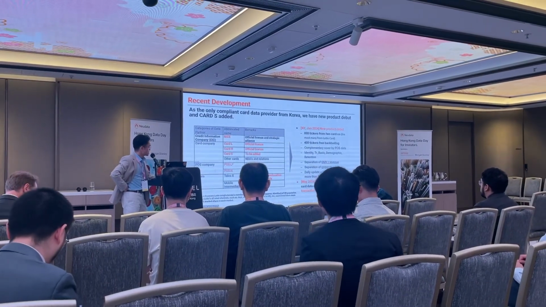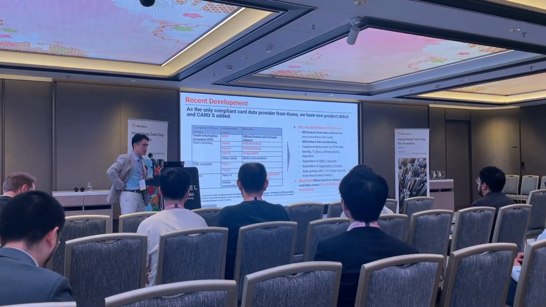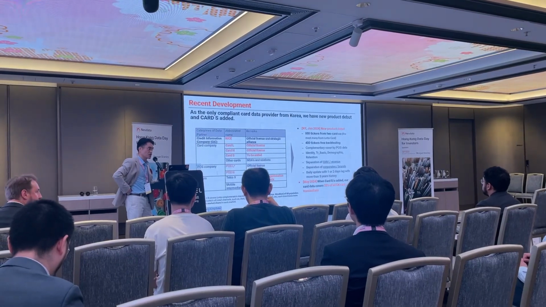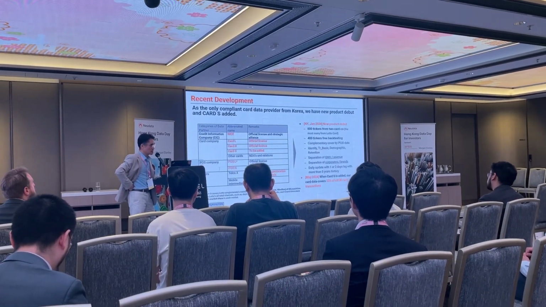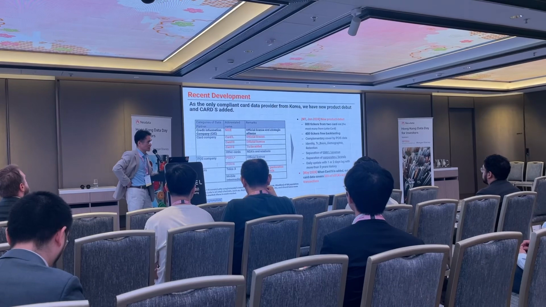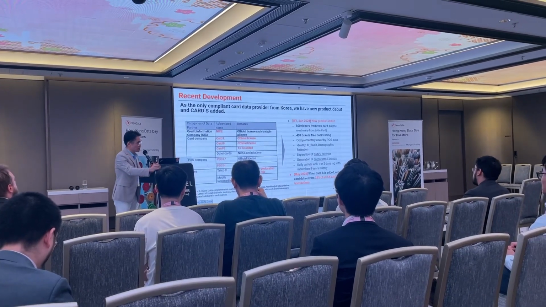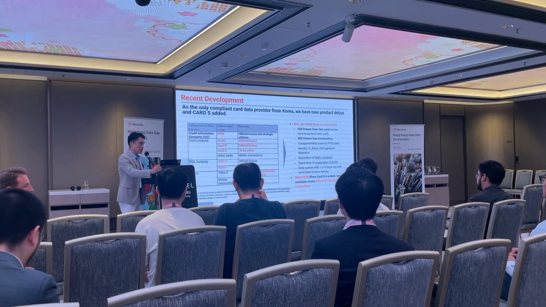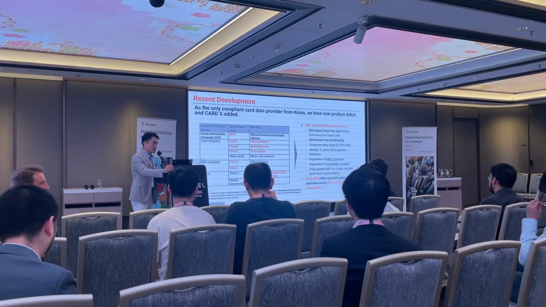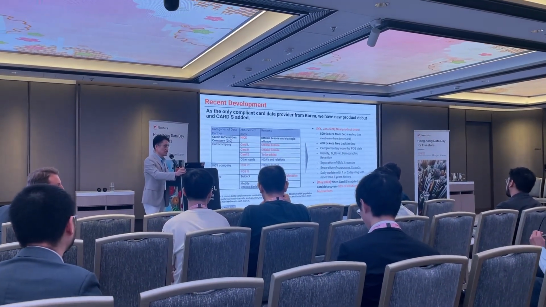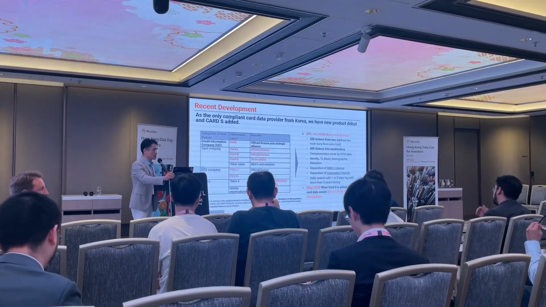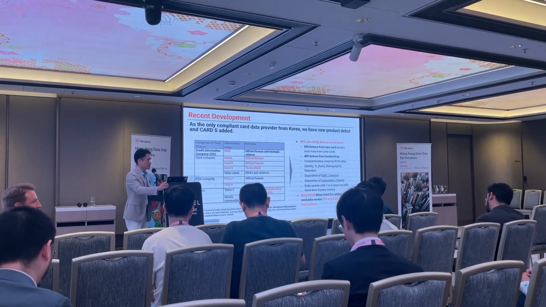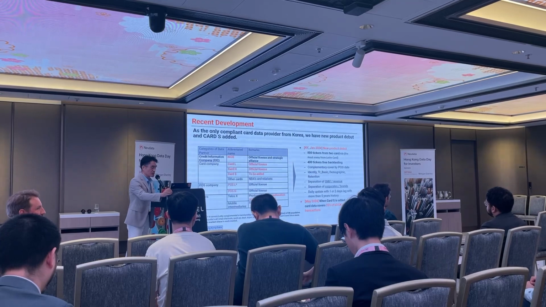The good news is that Card S will be added. Card S is Samsung Card, the number one card player competing with Shinhan Card. They will be added to our offering. So a total of 35% of South Korean credit card data can be covered by us in the same streamlined ticker-based layout with a backtesting offering.